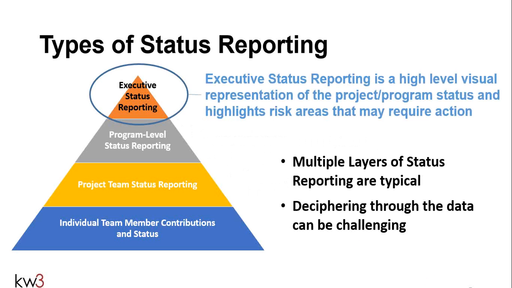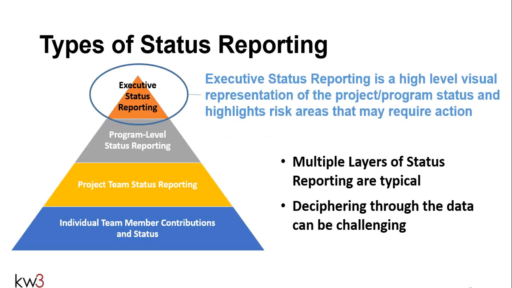If the project that you're working on has multiple teams, then that gets rolled up into program level status reporting. What that includes is status reports summarized across all project teams, where there's more than one. Then ultimately, you get to the executive status reporting level, which is a high-level visual representation of the overall program or project status, highlighting some key risk areas that need management attention.